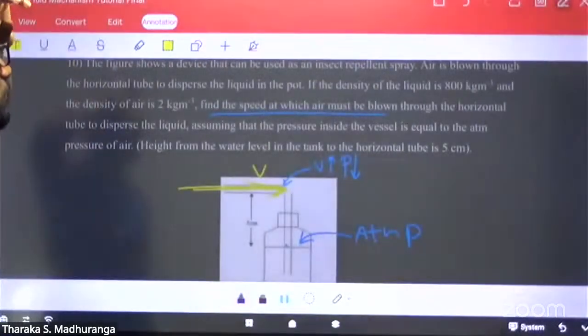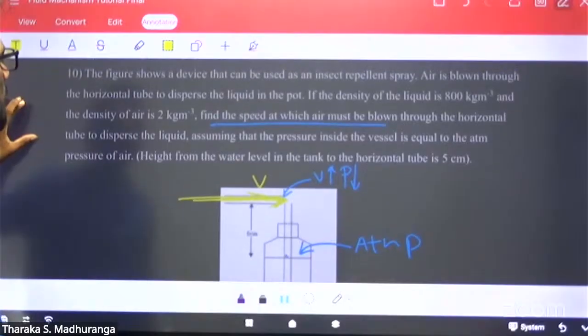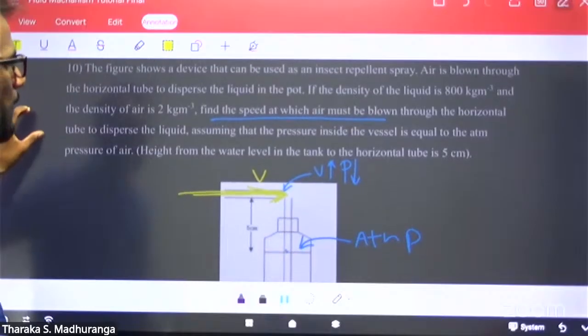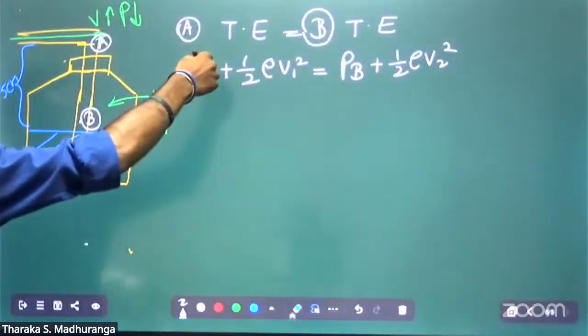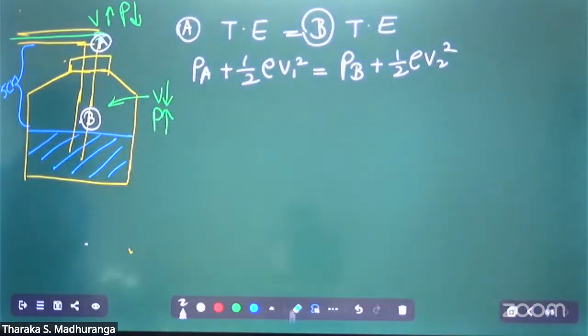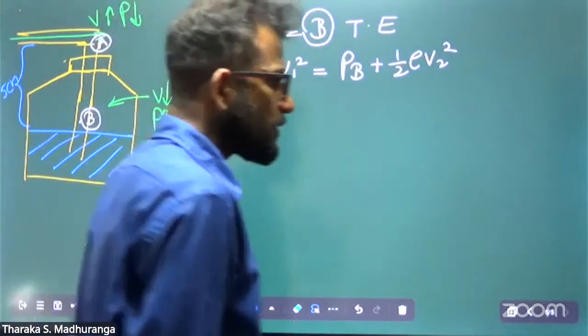If you go to the question, PA is the pressure inside, and there is potential energy.